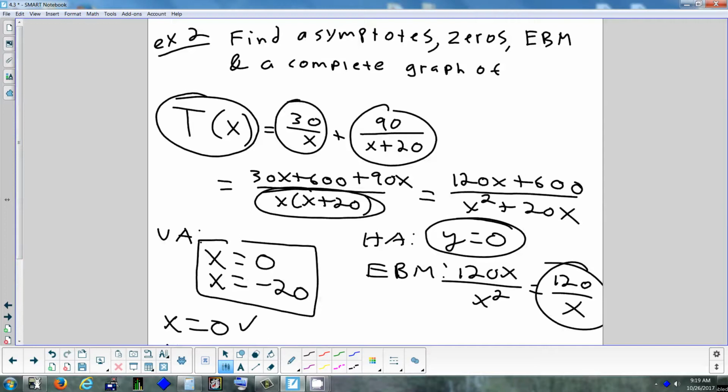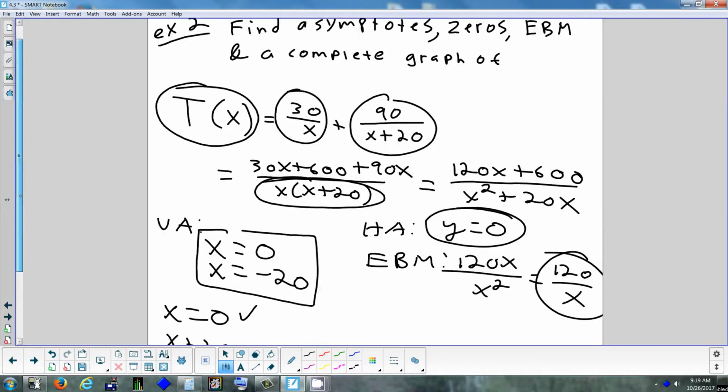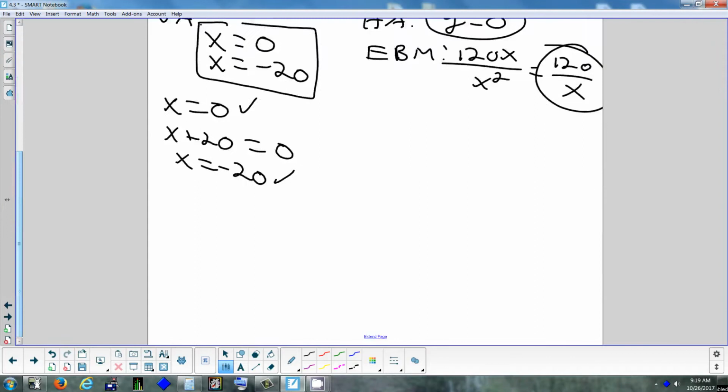All right, so how would we make a fraction equal to 0? You take 0? Right, get the numerator equal to 0, and that will tell you where you cross the x-axis. That'll tell you when y equals 0. These are the zeros. There might be more than one, there might only be one.